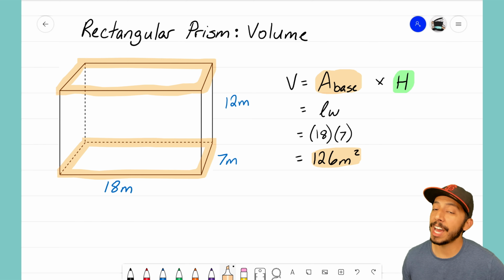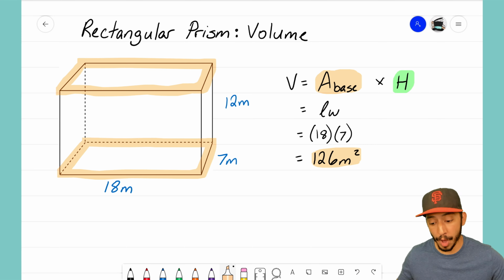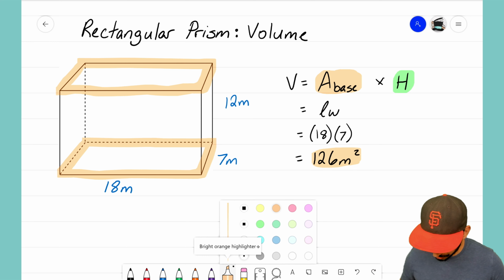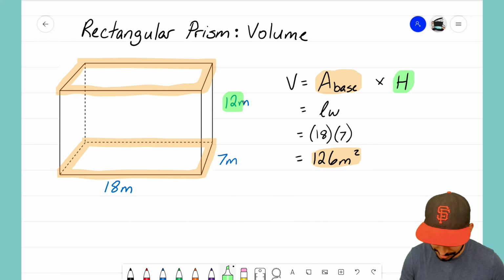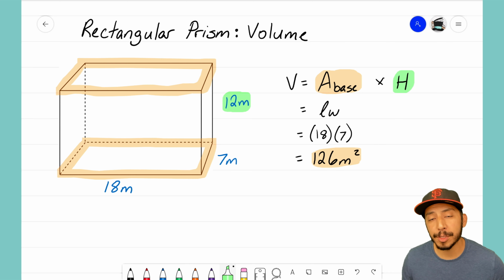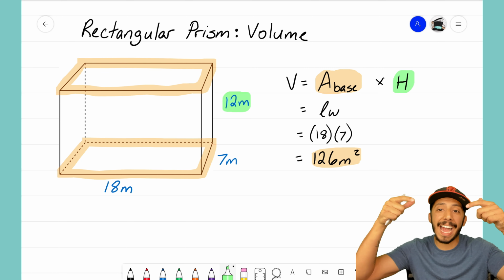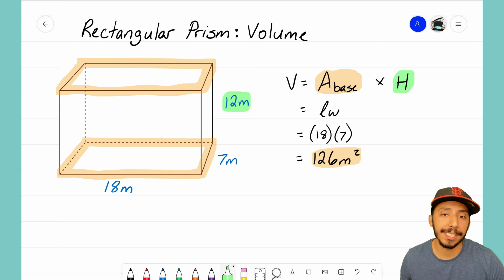Now, we did not ask to find the area of this prism. We asked to find the volume. So now imagine that we have this rectangle there on the bottom, and its area is 126 square meters. And we see this number here that we haven't used yet. That is the height of this prism. Notice it's on the vertical side of this prism. That means there are 12 meters stacked of this rectangle.